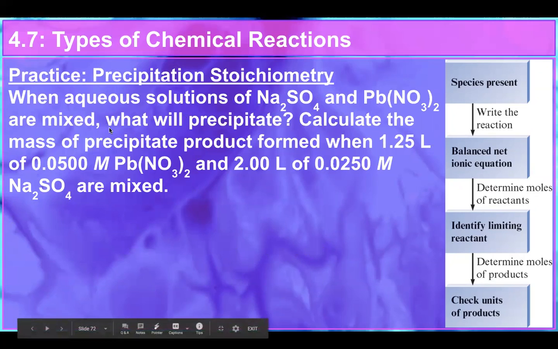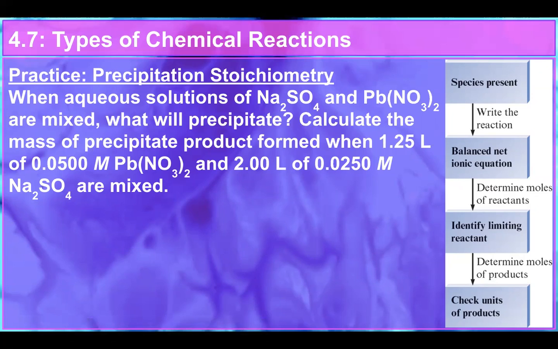So another practice problem for you, I'm actually going to let you do this on your own. So really the only difference here that we have now is that we are starting with a volume that has a molarity. So you're going to need to convert that into moles for each of these.